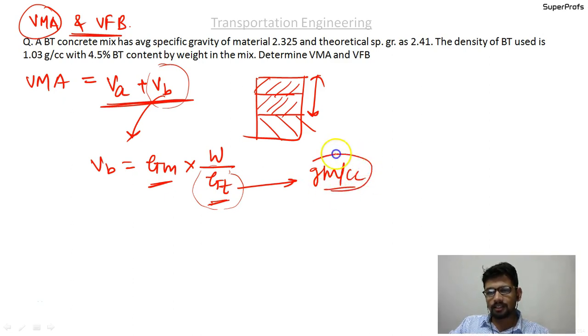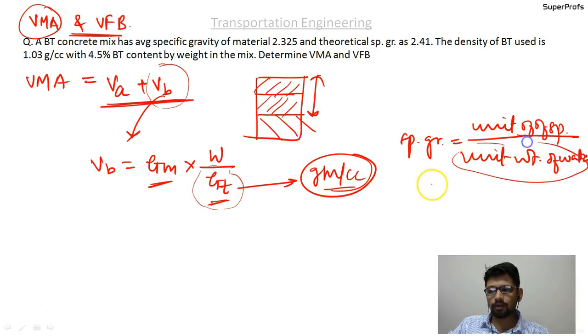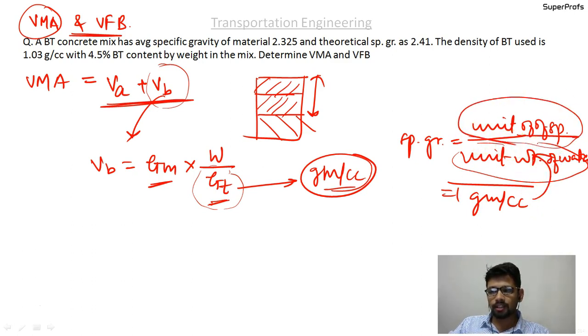The reason is that specific gravity is equal to unit weight of specimen upon unit weight of water, and unit weight of water is equal to 1 gram per cc. So if you put 1 gram per cc in the denominator, you get the unit weight of the given specimen itself. So these are interchangeable with the gamma value if we are using gram per cc.